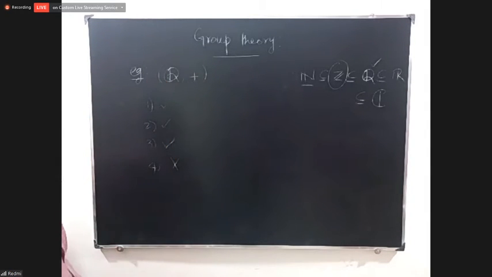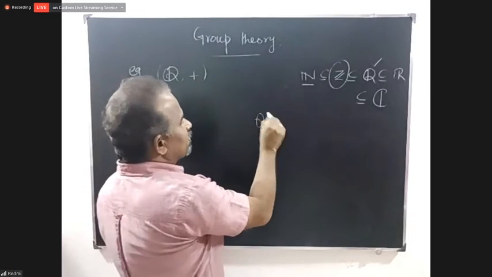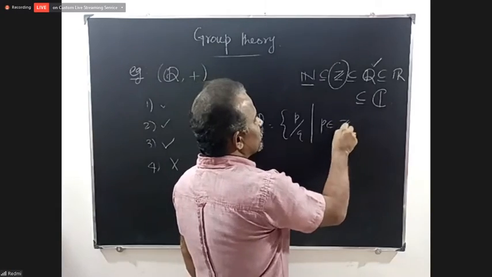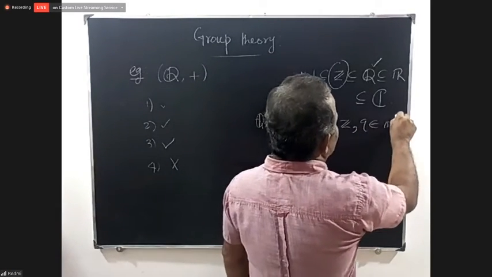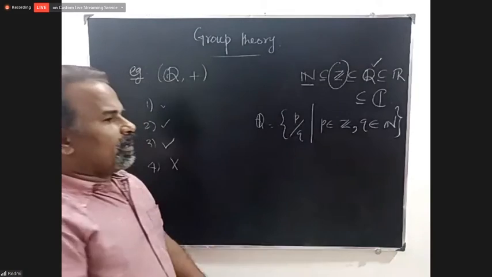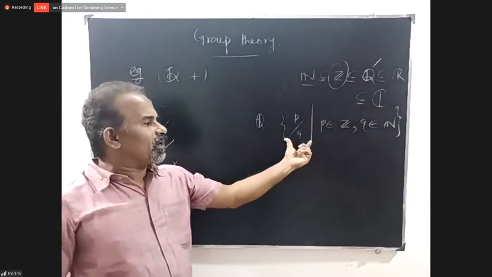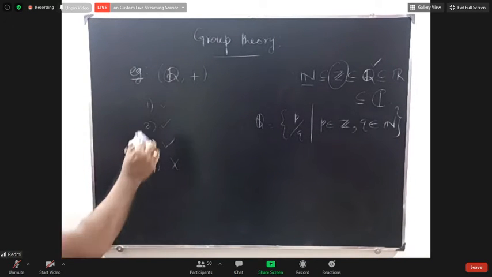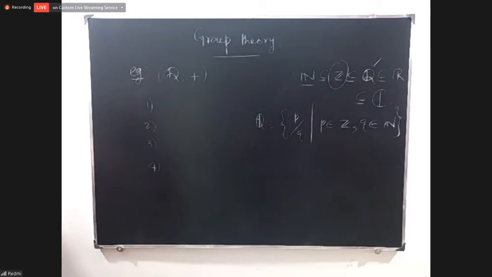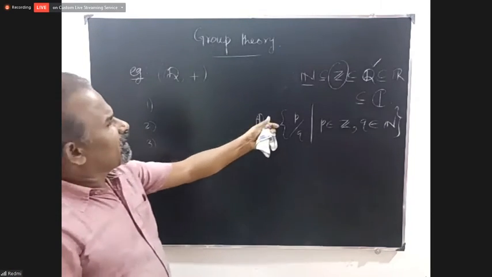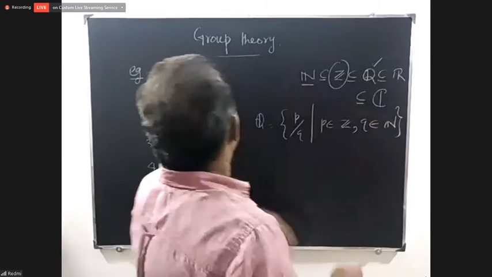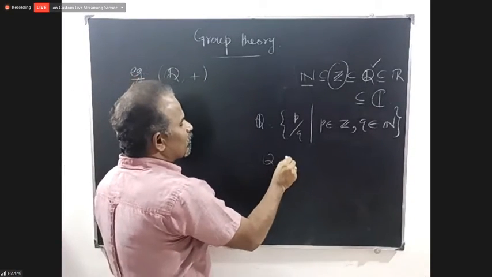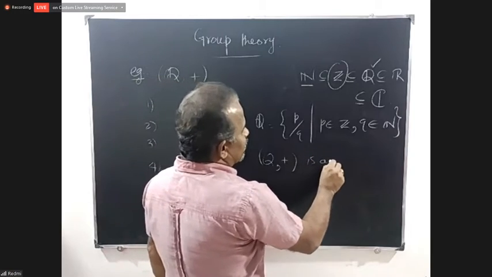Q is nothing but the set of all P by Q such that P belongs to Z and Q belongs to N. The set of all rational numbers is of the form P by Q. So this is called rational numbers. Here definitely Z comma plus is an abelian group, and I can easily say that Q comma plus is an abelian group.